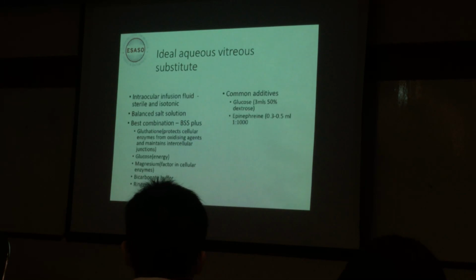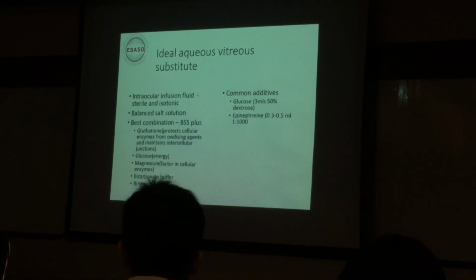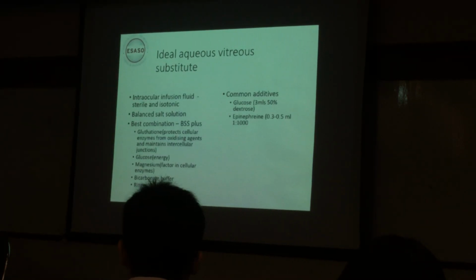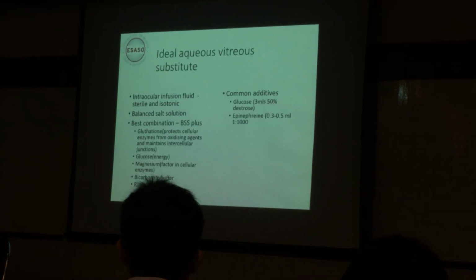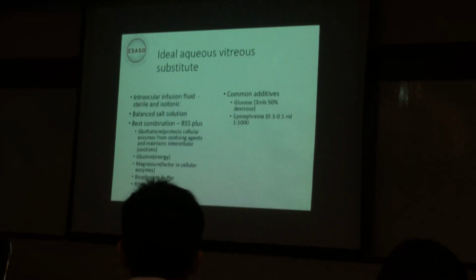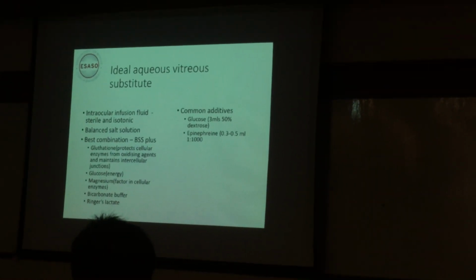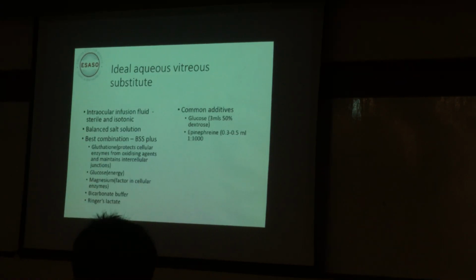Common additives to this fluid: some people like to add glucose, 50% dextrose sometimes. Some people believe that it preserves the clarity of the lens better. And during the surgery, we use epinephrine to aid in hemostasis and control of the hemorrhage.